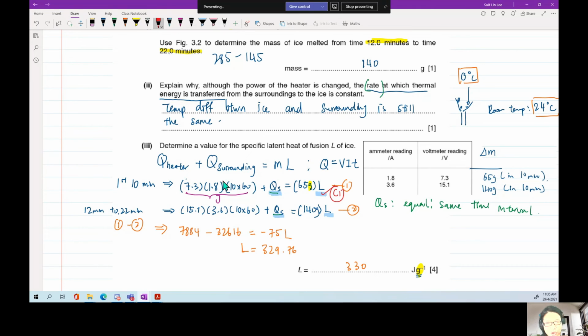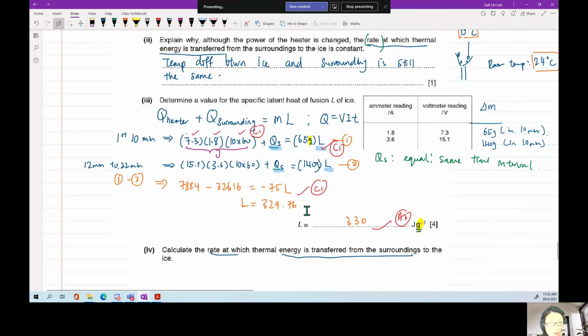If you know Q is equal to VIT, with substitution of VIT, this is C1 mark. Some simultaneous equation working is C1 mark. Final answer is A1. The simultaneous working has to be obvious; the examiner should know what you're doing. Sure, you can use substitution by moving the equation around, that is also okay. But 1 minus 2 is easier, QS just goes away.